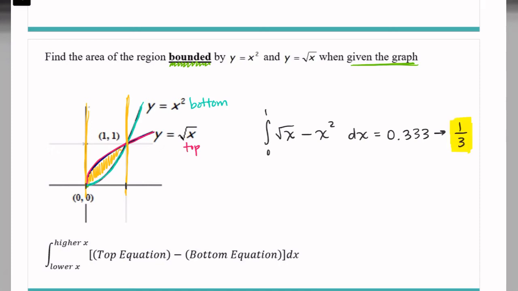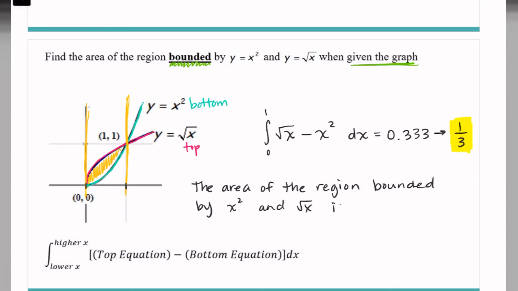Okay, so that's telling me that the area of the region bounded by x squared and the square root of x is 1/3. So that's giving us the area of that little shape right there. Okay. That has an area of 1/3.